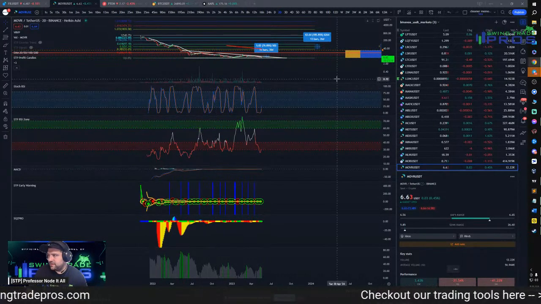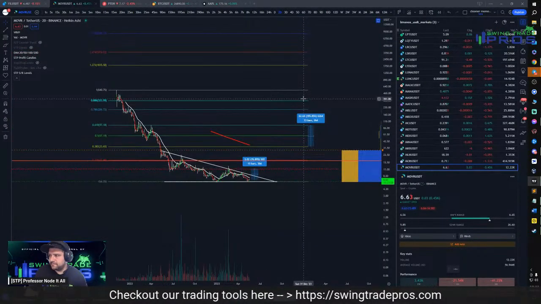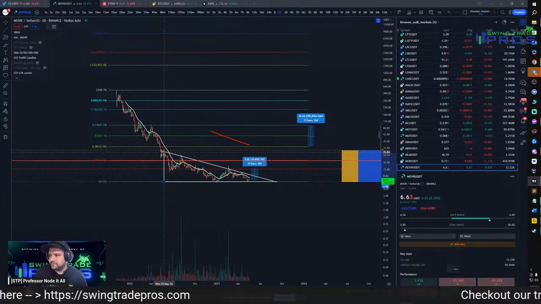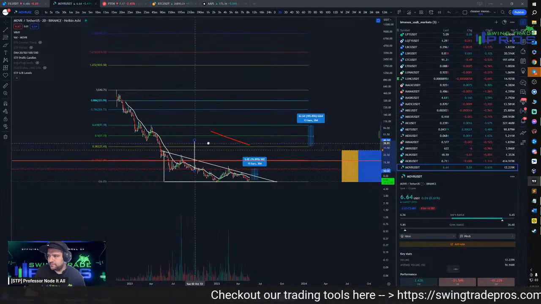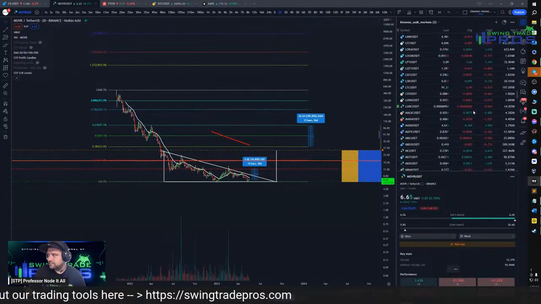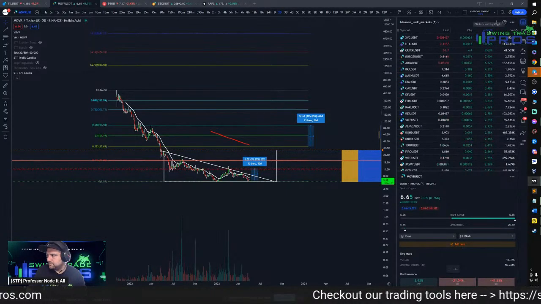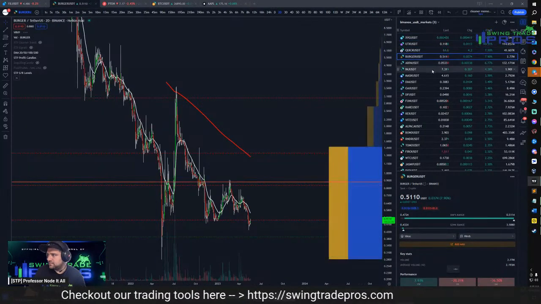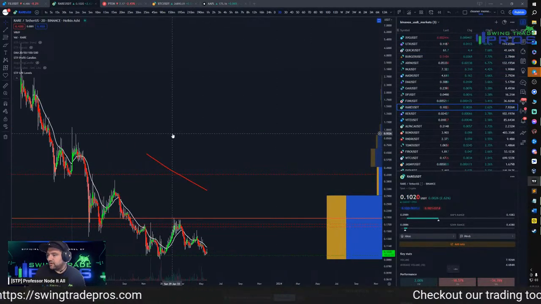You guys have any coins you want to look at? The super rare coin looks interesting down here.